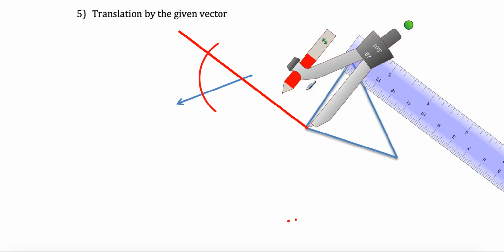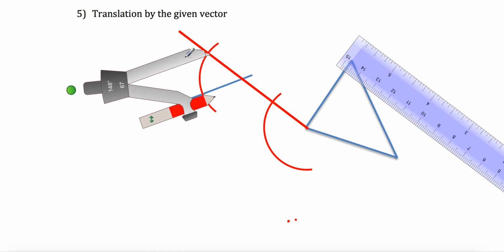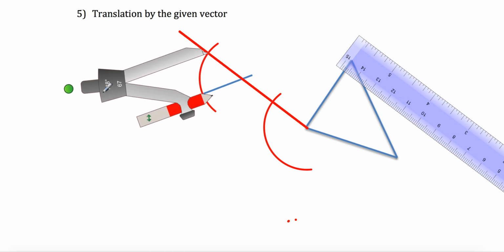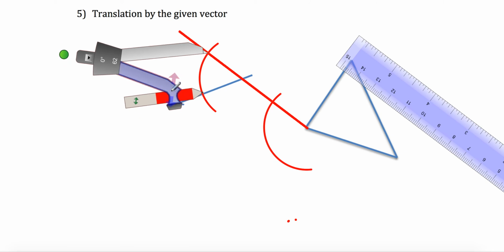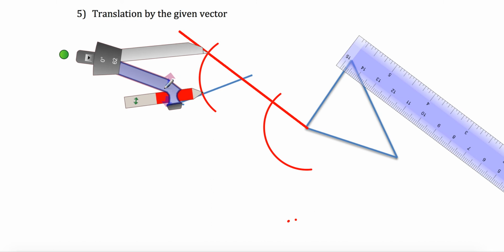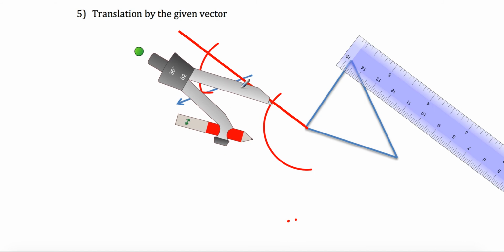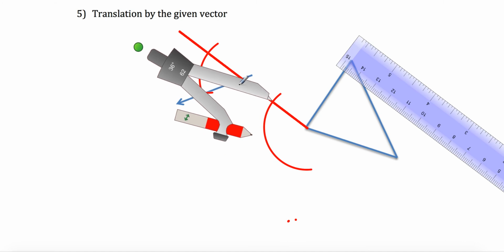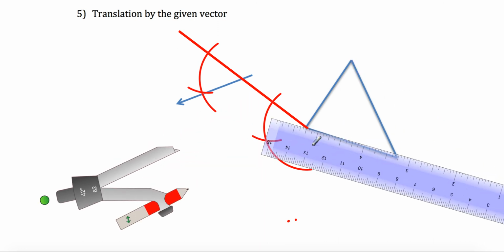Go to the intersection and open up a little bit and draw an arc. And we will definitely draw the arc here. And then let's go for the spread of the angle, and then we have to copy the same thing. And what we have to do is just connect.